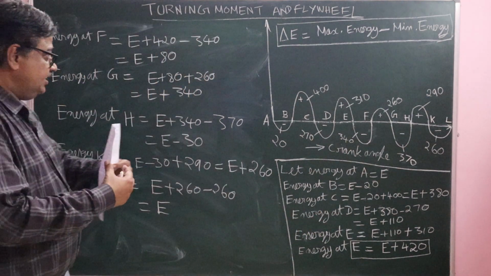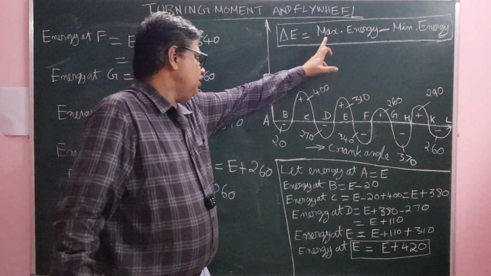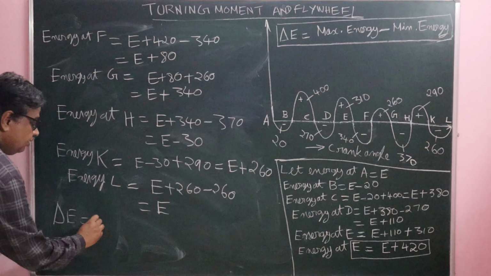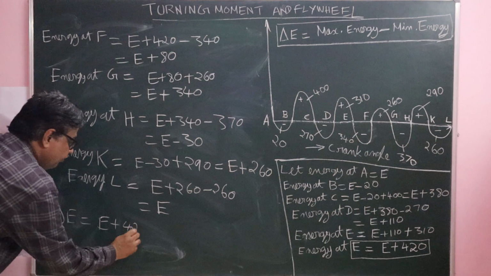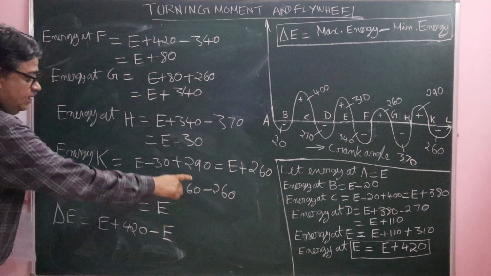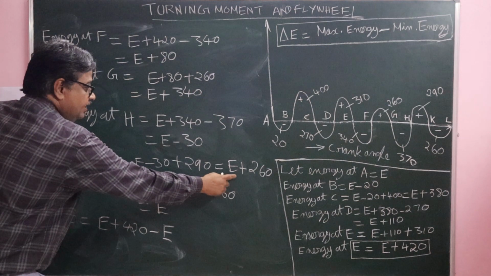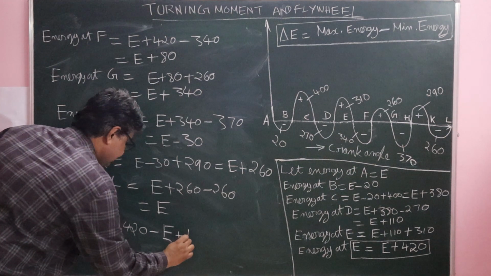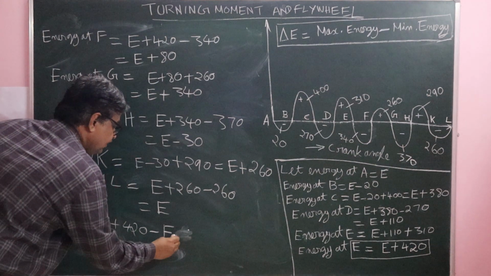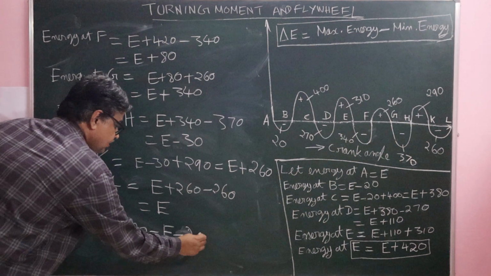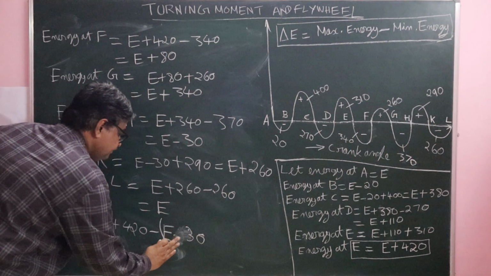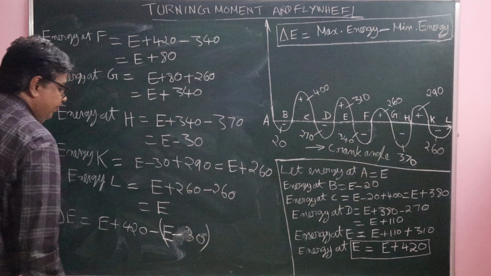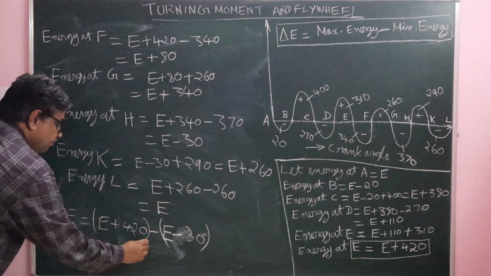Therefore, the maximum fluctuation of energy del E is equal to maximum energy minus minimum energy. So del E is equal to E plus 420 minus of E minus 30, maximum energy minus minimum energy.